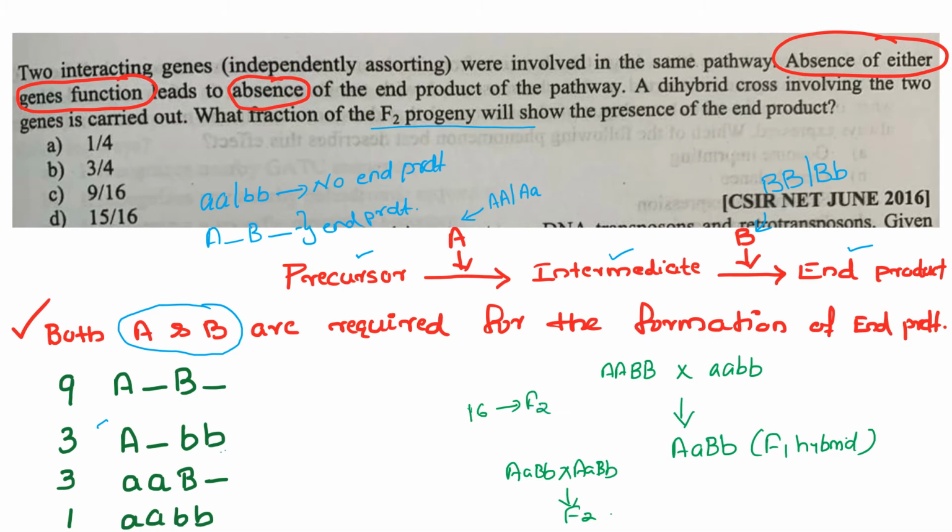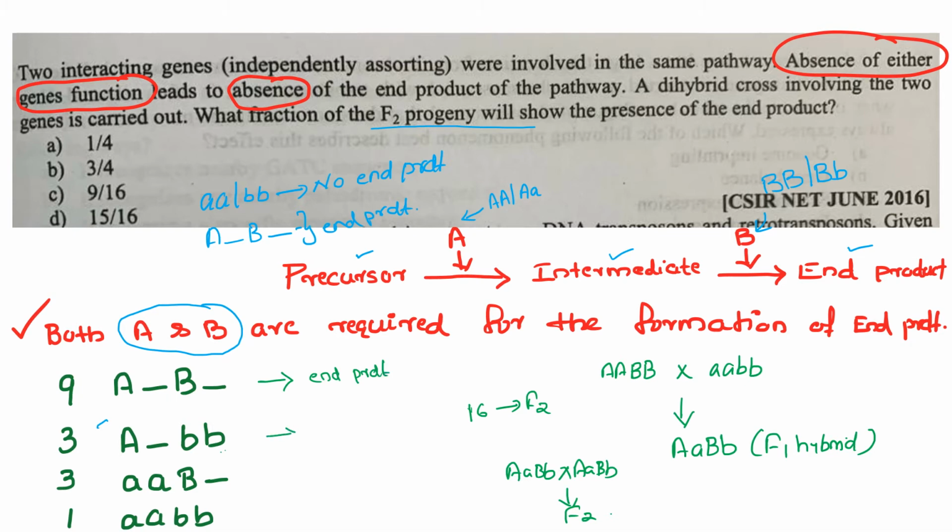And here we know that both the genes A and B should be in dominant condition, then only we will get the end product. So let's see each of the genotypes. Here both the genes A and B are in dominant condition, so here we will get the end product.